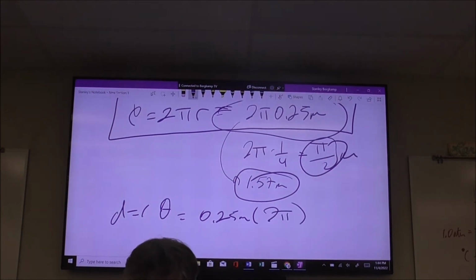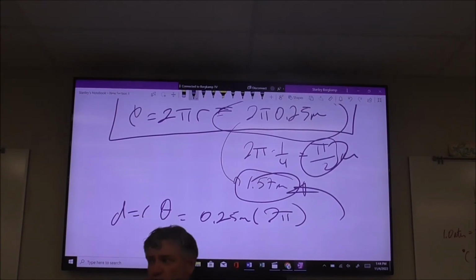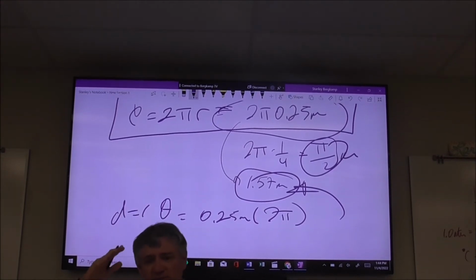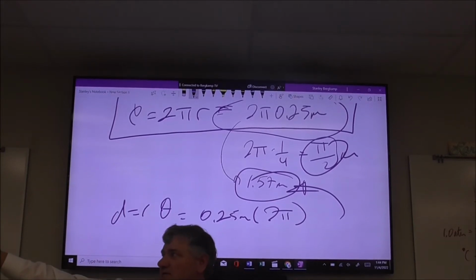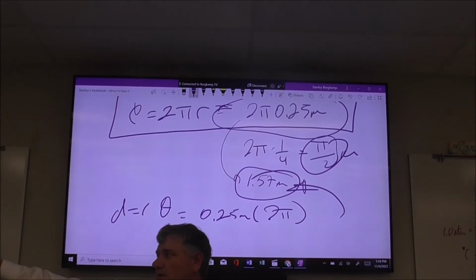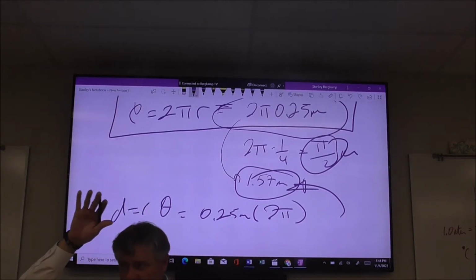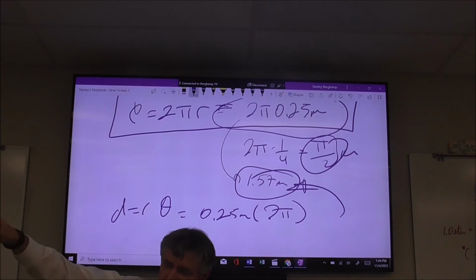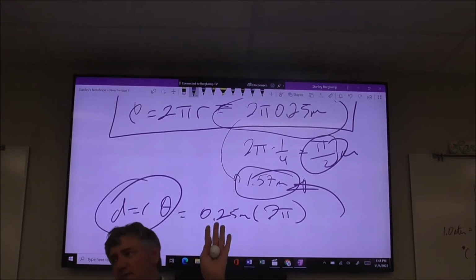So oddly enough, you're going to get the exact same answer, whether you think of it in terms of the circumference or the linear distance. Whether you want to go old school circumference or new school, you're going to get the same answer.